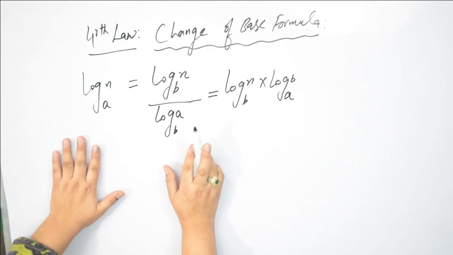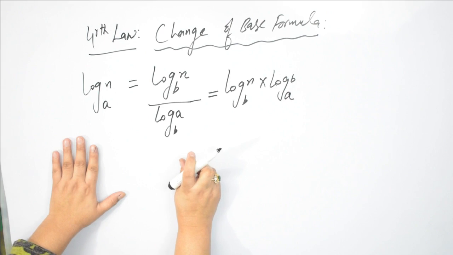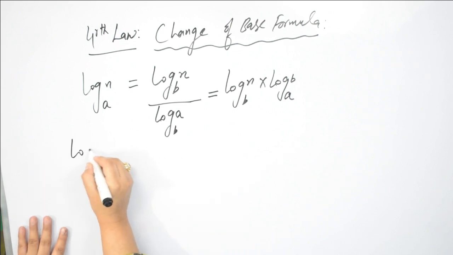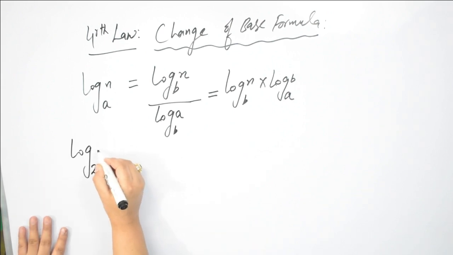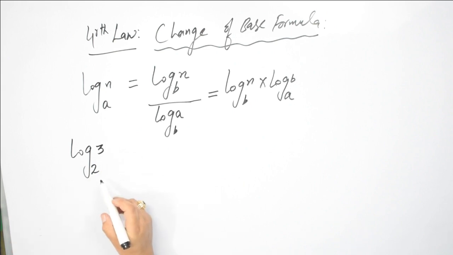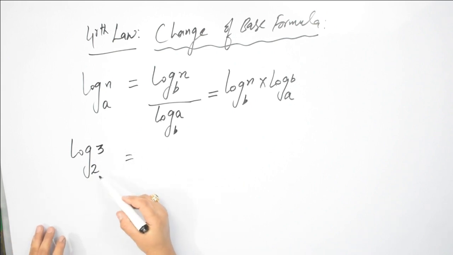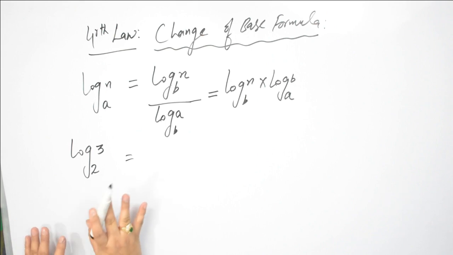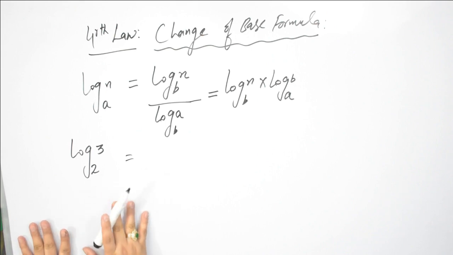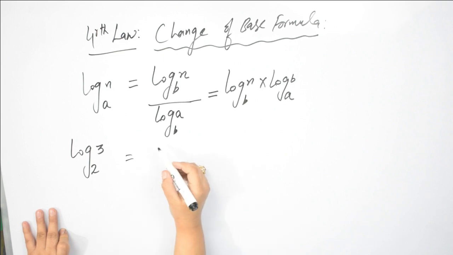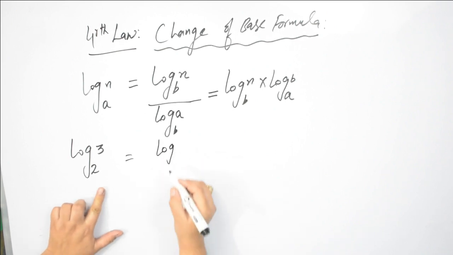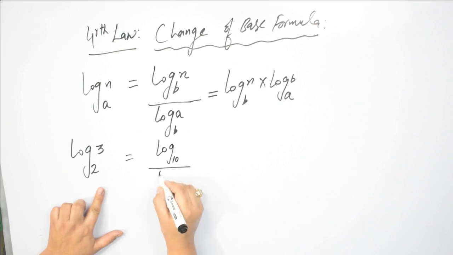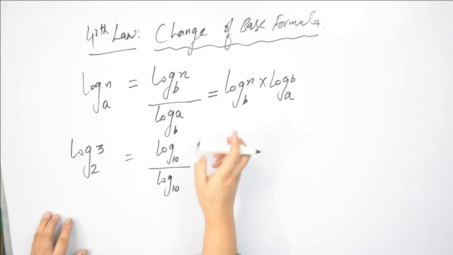Now let me give you an example. Let's suppose we have log 3 to the base 2, and I want to write it with base 10. I don't want log to the base 2, I want log to the base 10. So what I'm going to do is write log to the base 10 up and down according to this law.